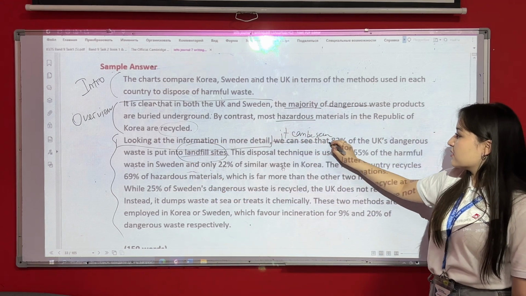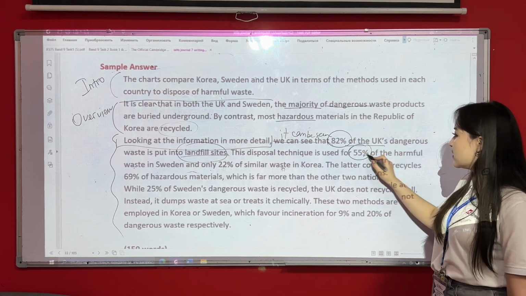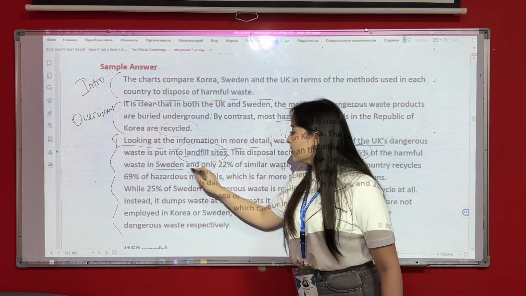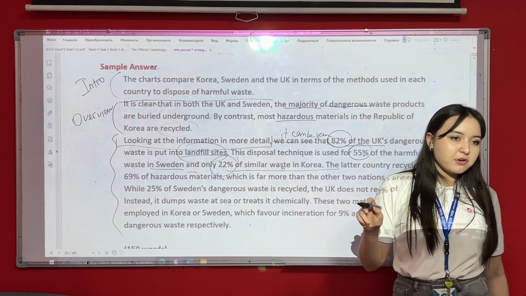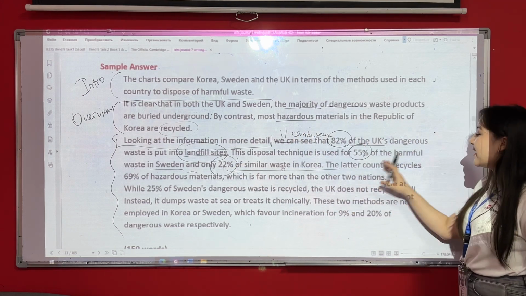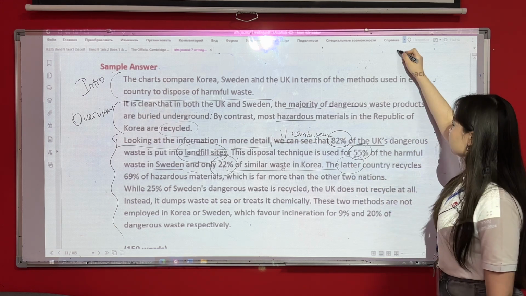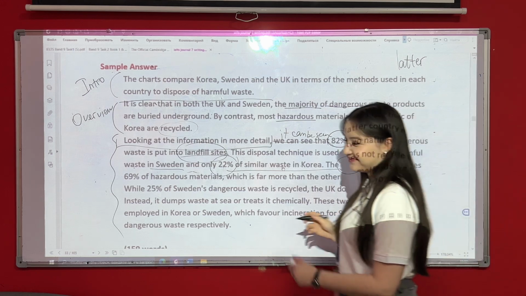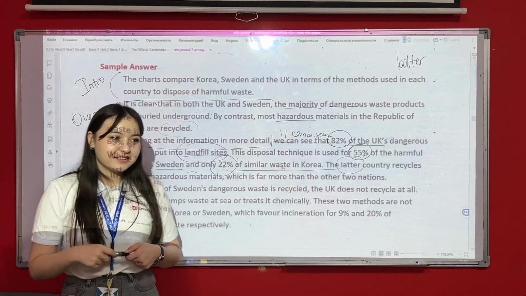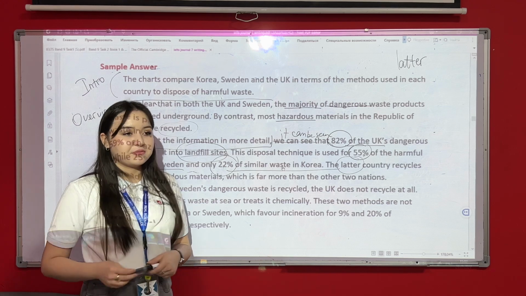They are saying that 82% in the UK, 55% in Sweden, yes, and 22% in Republic of Korea, right? Okay, the latter country. What is the latter? Мусор за. Oh, it's later. Ой, latter. Последний. Да. Latter, последний.